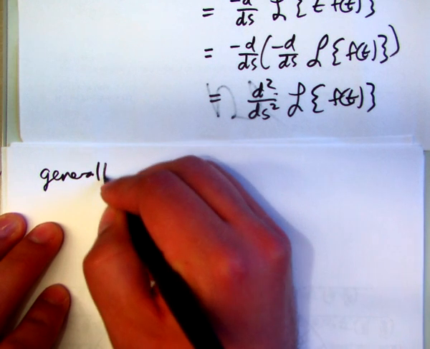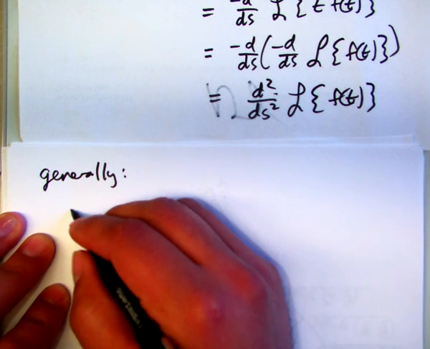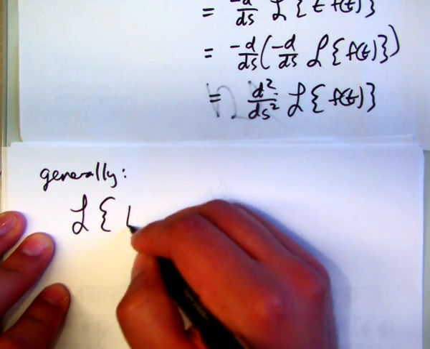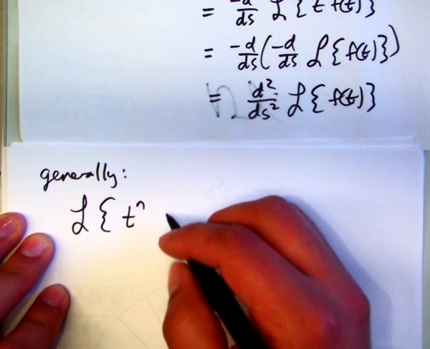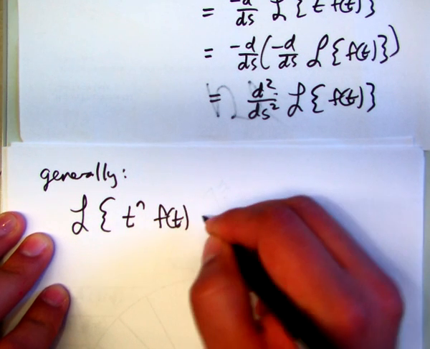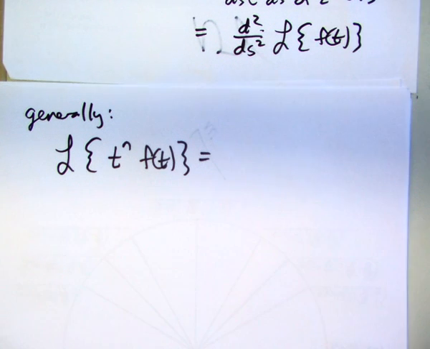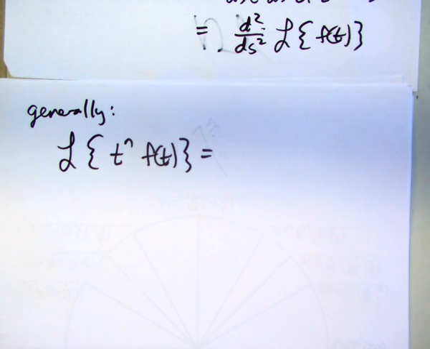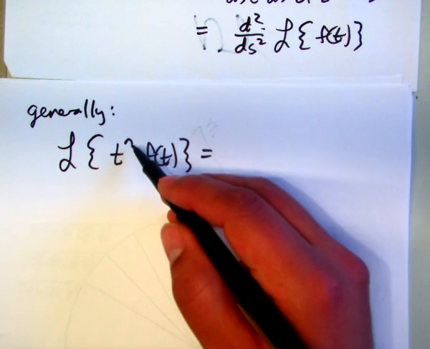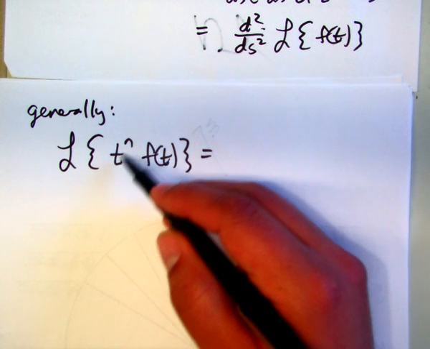So generally, whenever we have the transform of t to a power n times f of t, this power of n, or this power of t, translates to what?